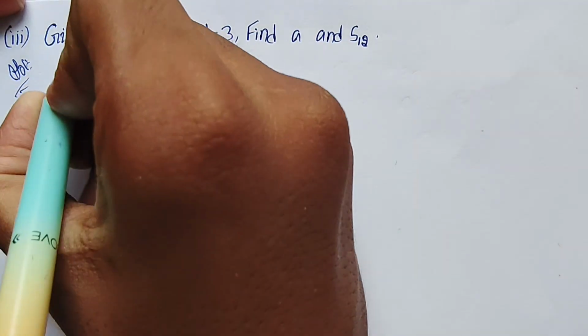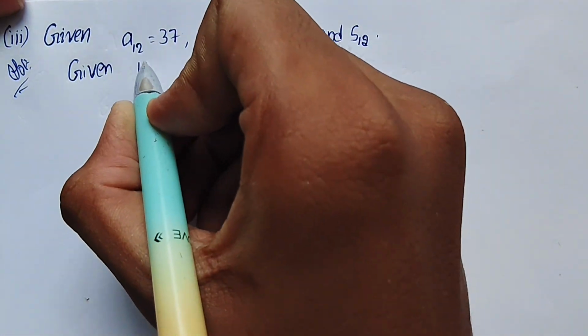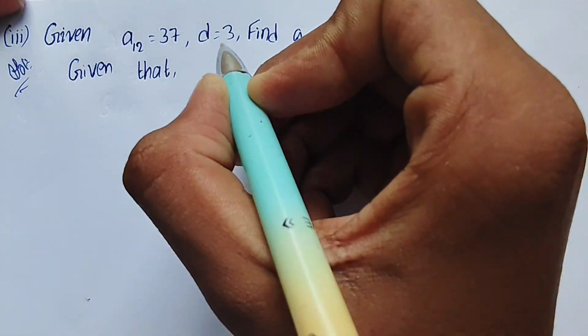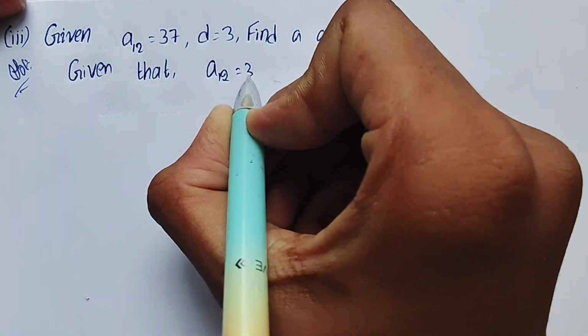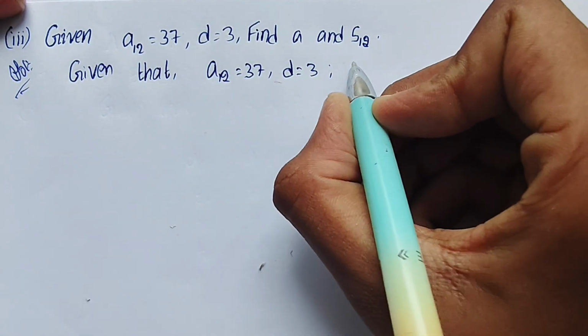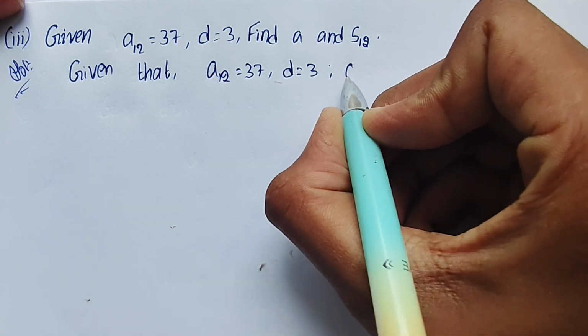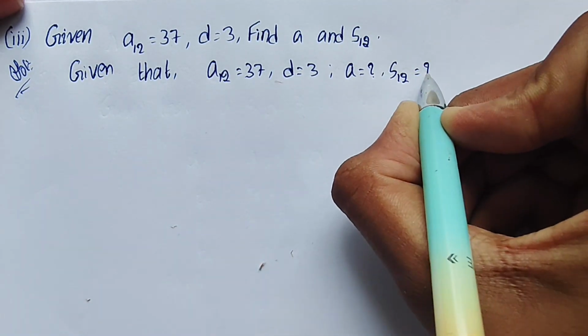So in this problem it is given that a12, the 12th term, is equal to 37 and d, the common difference, is equal to 3, and he asked to find out the value of a and S base 12, the sum of 12 terms.